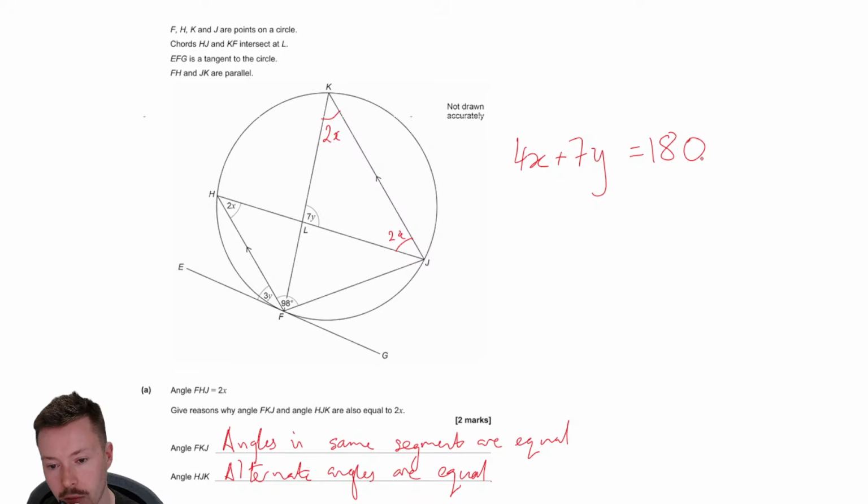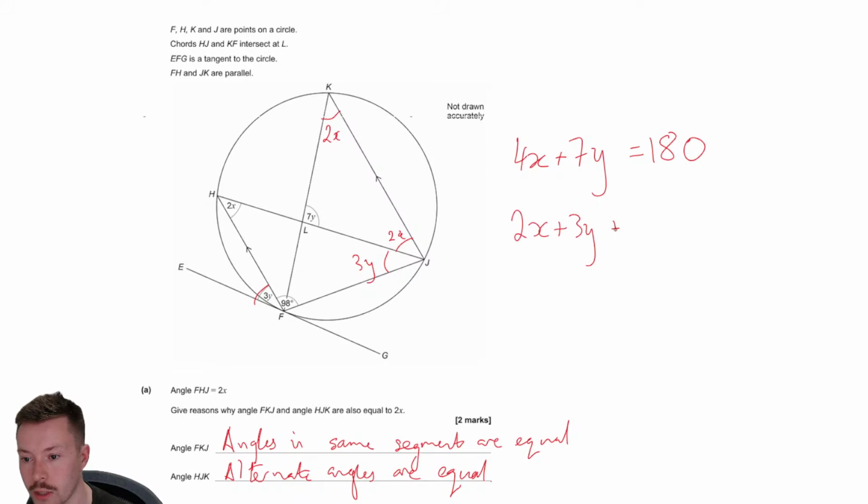Now, from there, we know that this has to be equal to 3y because we've got a triangle here and we've got this angle here. So alternate segment theorem, they have to be equal. So again, looking at this triangle HFJ, we have 2x plus 3y plus 98 is equal to 180.